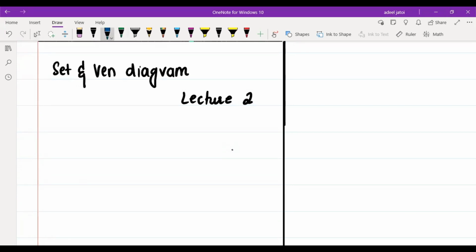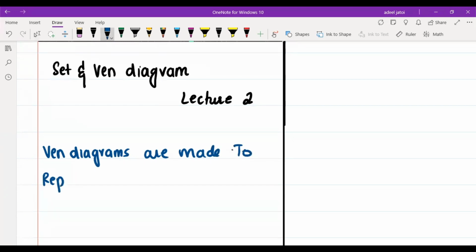So what are Venn diagrams? Venn diagrams are made to represent information given in sets.